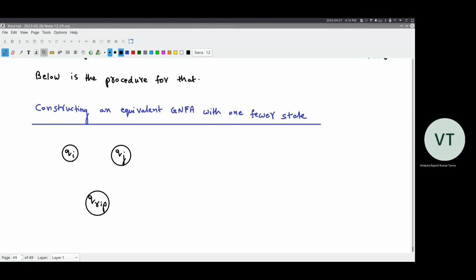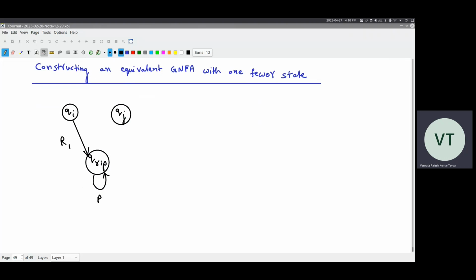There is a regular expression from Qi to Qrip, say R1, and there is a self loop on Qrip with regular expression R2, and there is a regular expression from Qrip to Qj, R3, and finally there is a regular expression from Qi to Qj, that is R4.